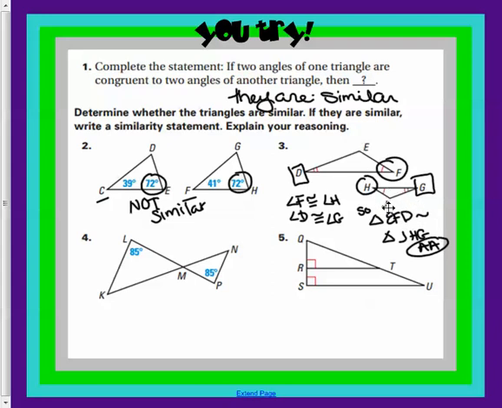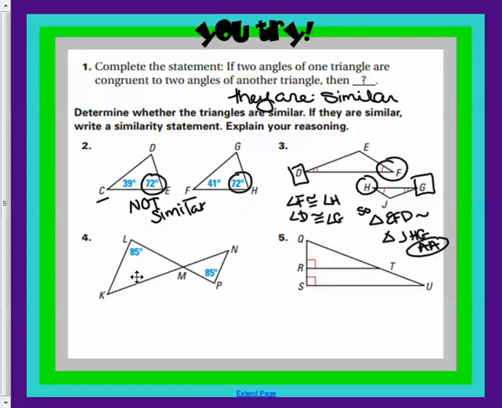You got to start at the same one. So we started with E, so it's J, then we went to F, so it's H, then we go to D, so it's G. So triangle EFD similar to triangle JHG because of angle-angle.